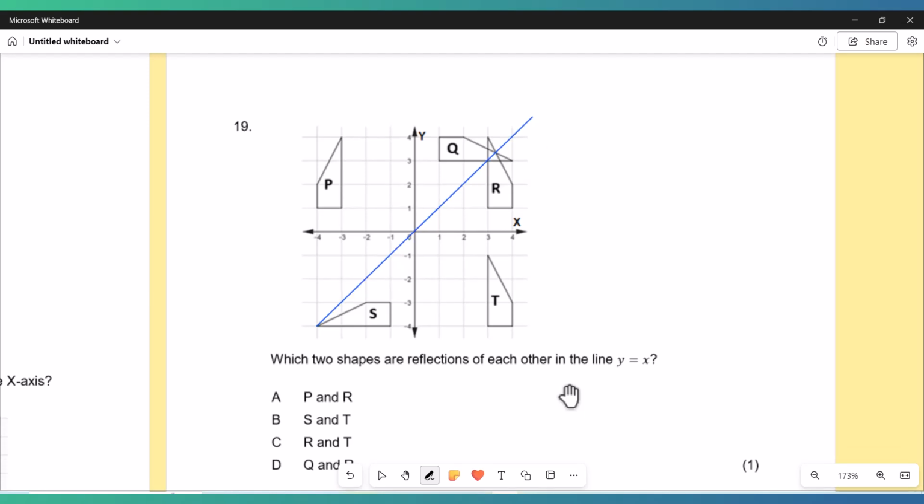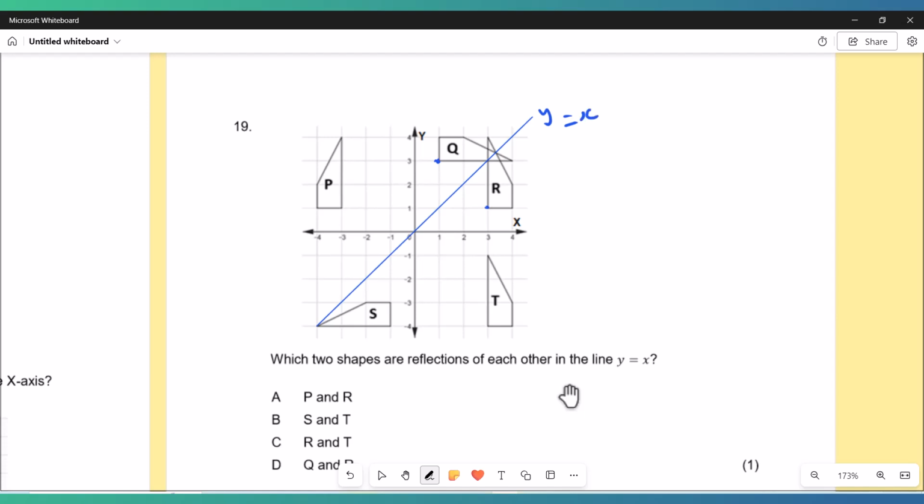If I put my mirror on this line, you can see that Q and R are mirror images. From this tip to this tip, the distance from the mirror is equal, and so is everything else.